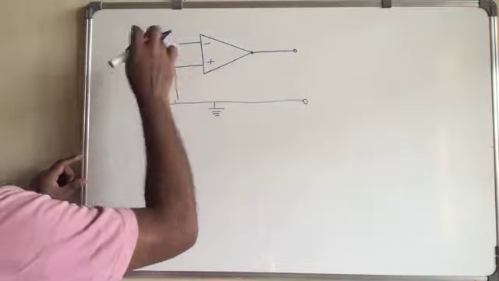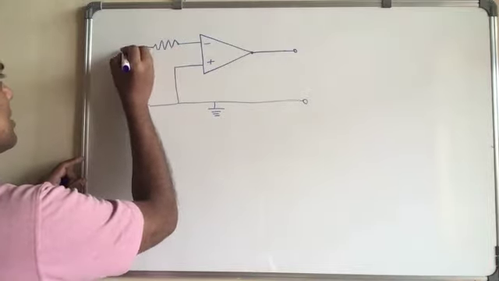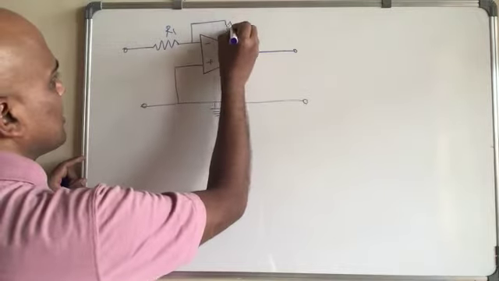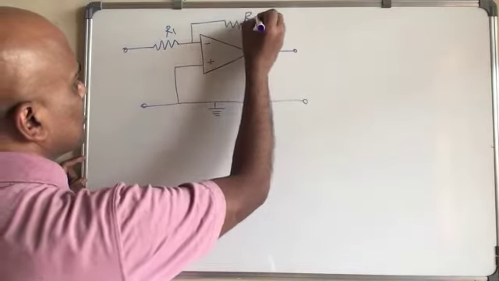There is something here that I missed. There is a resistance here, let's call it R1, and then from here there is another resistance that goes here, connected here, and we call it R2.